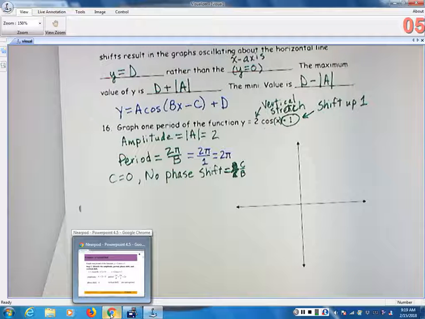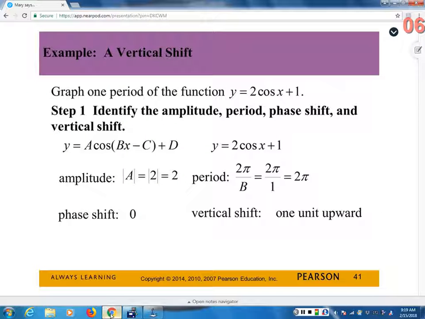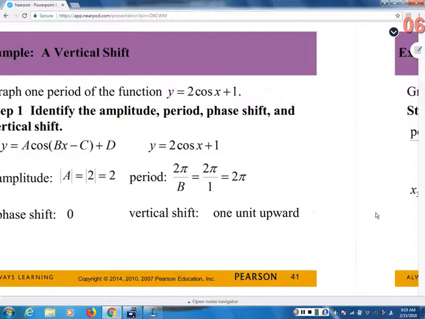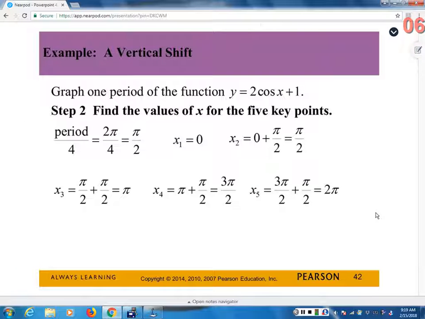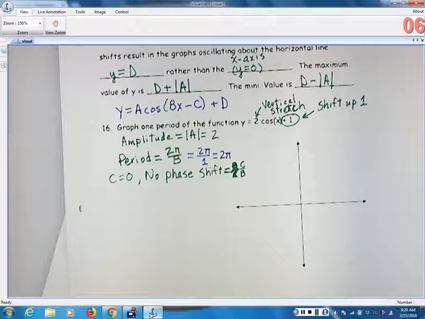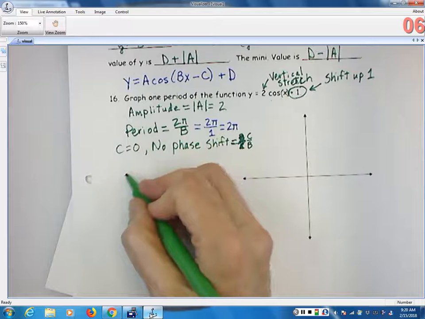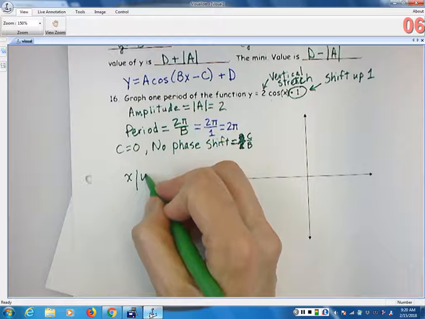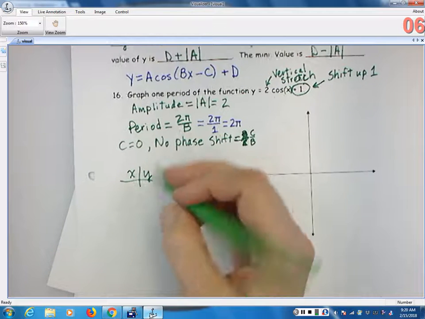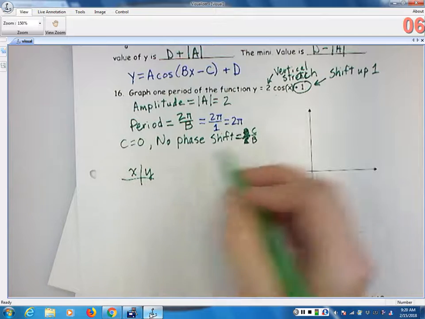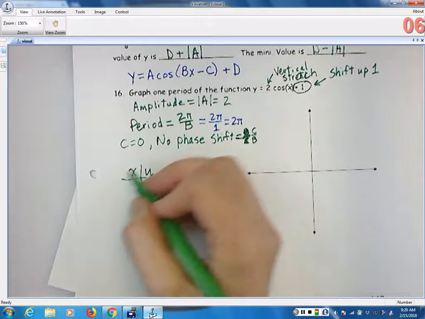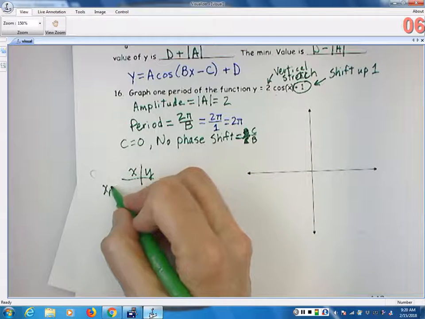Okay, so going back to the slideshow, we're going to go to the next slide. And so we're going to find the 5 key points for X. We're just going to make a table: X, Y. Our 5 key points, because there's no phase shift, X1 is just going to be 0.